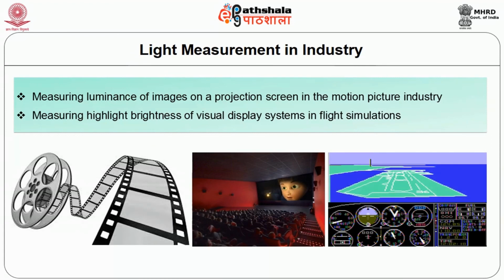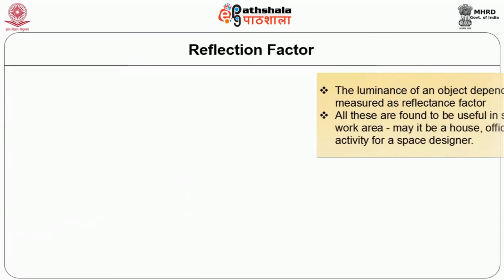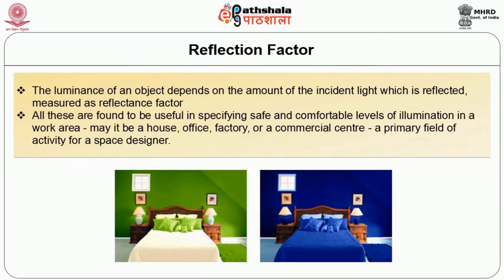It is commonly used for measuring luminance of images on a projection screen in the motion picture industry, measuring highlight brightness of visual display systems in flight simulations, but these facts are dependent on another factor called reflection factor. What is a reflection factor? The luminance of an object depends on the amount of the incident light which is reflected, measured as reflectance factor.